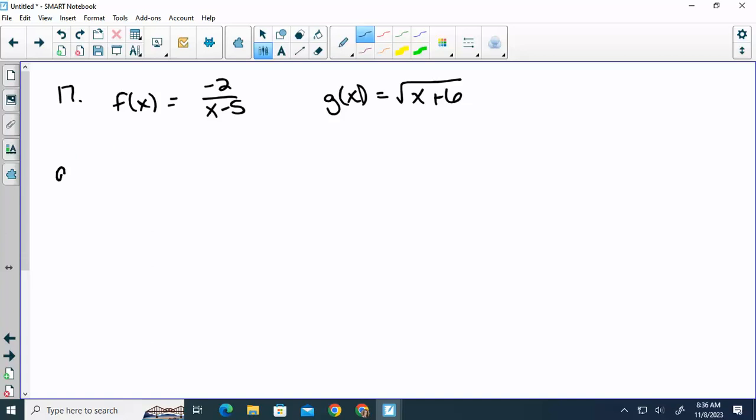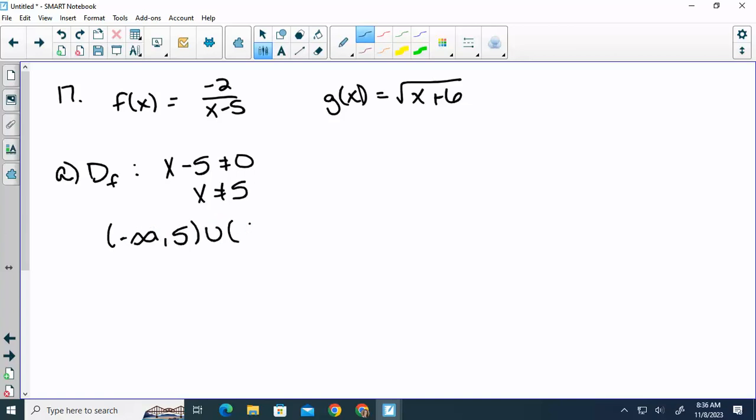So part A, domain of f. This has a fraction. We know in a fraction the bottom can't be 0. So x cannot be 5. So our domain is negative infinity to 5, and then 5 to infinity.